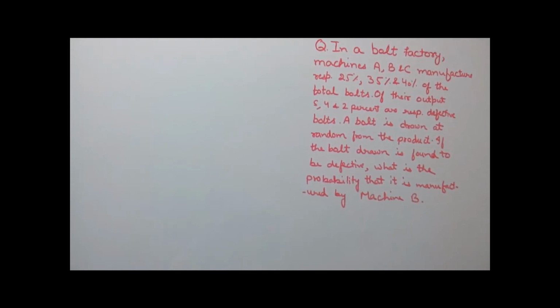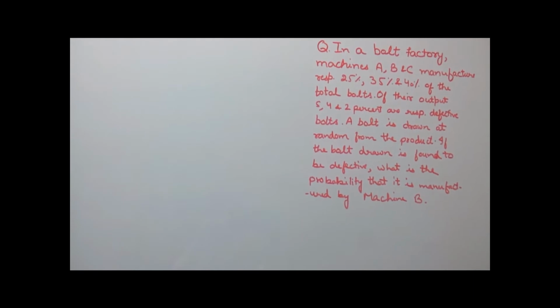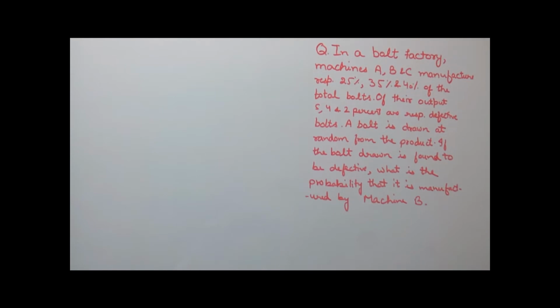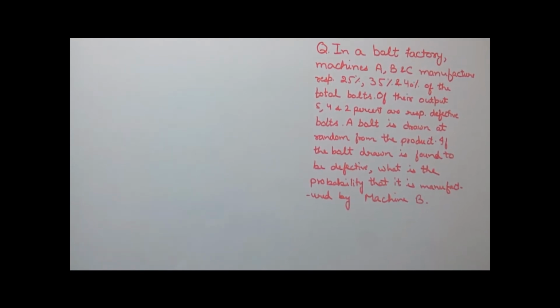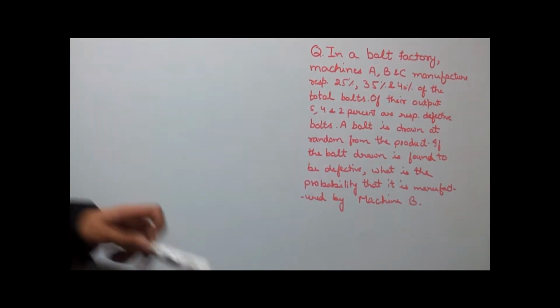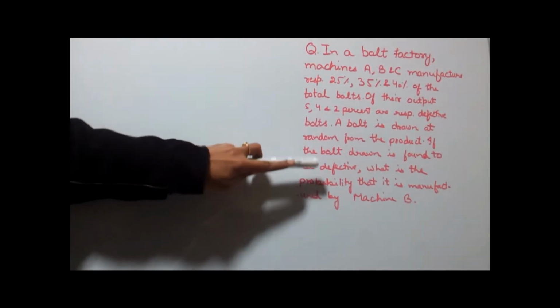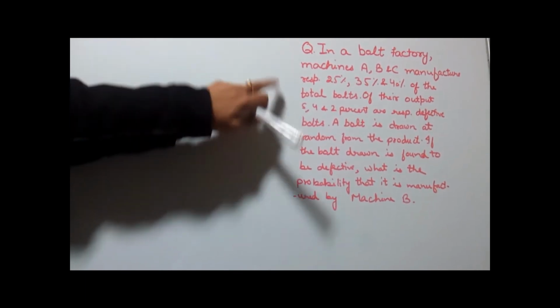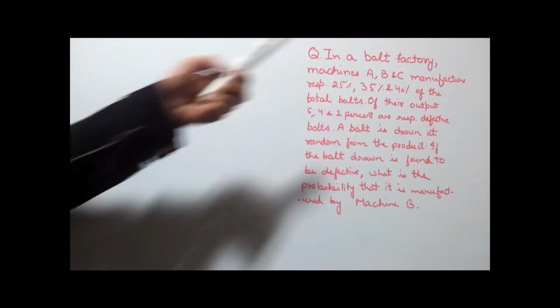If the bolt drawn is found to be defective, then what is the probability that it is manufactured by machine B? Here we can see that A, B and C are mutually exclusive events, and the bolt which is drawn defective is an event which has occurred from these A, B and C events.